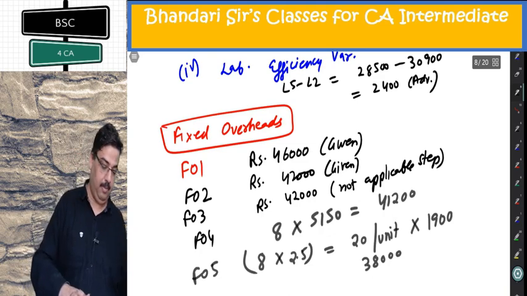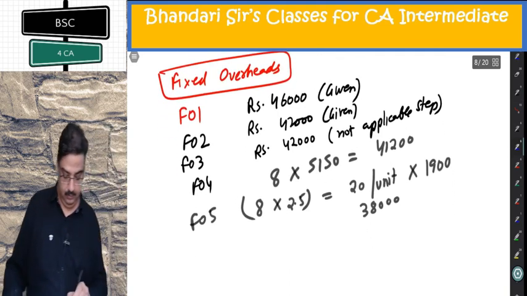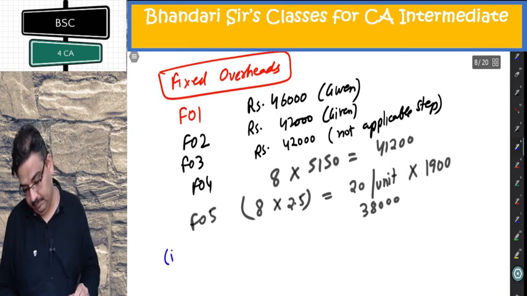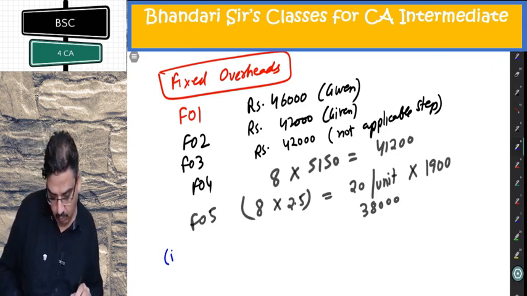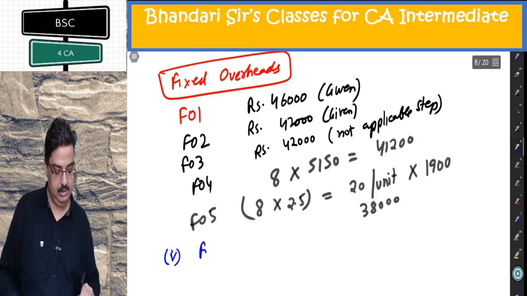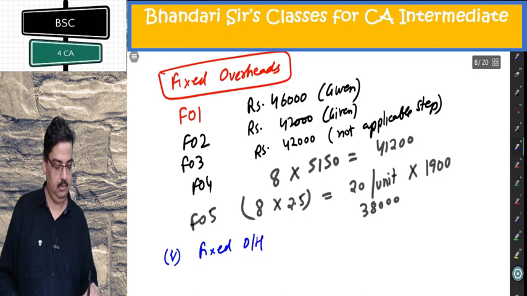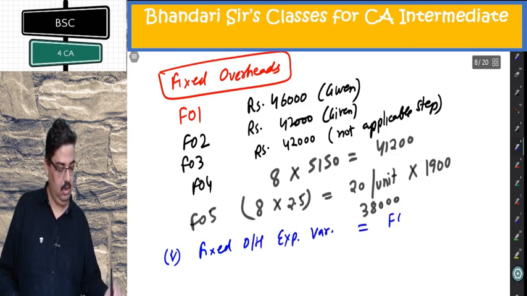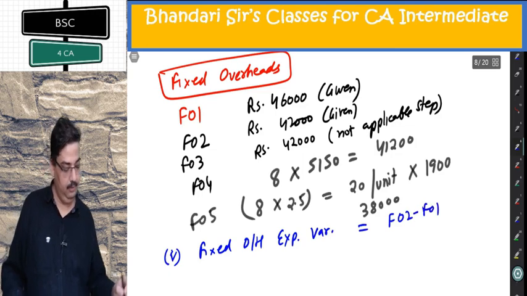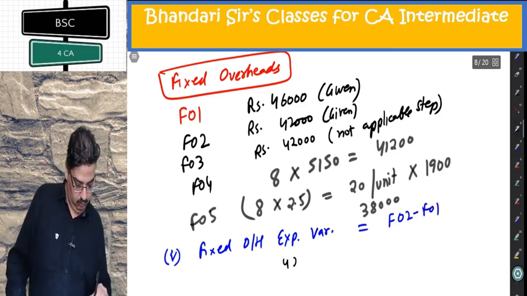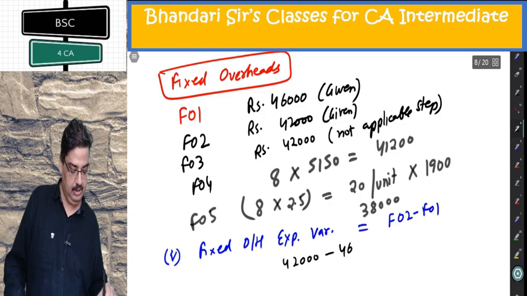Now I go part by part. Fifth part. Wants fixed overhead expenditure variance. FO2 minus FO1. 42,000 minus 46,000, that is 4,000 adverse.